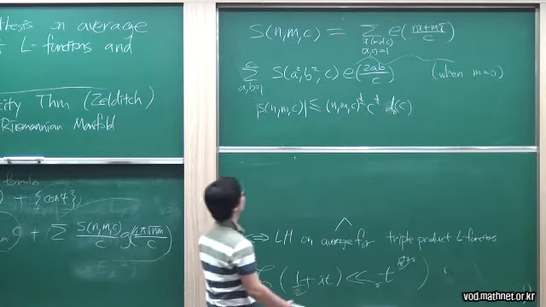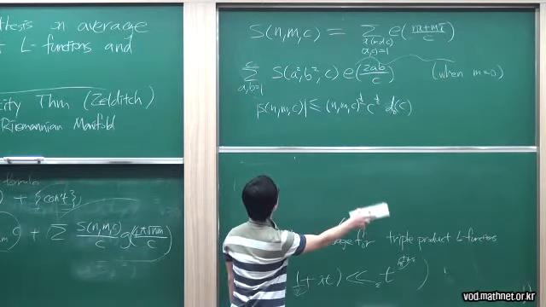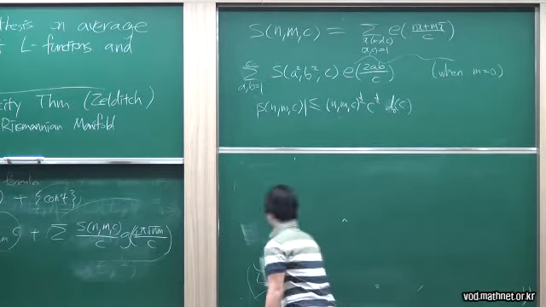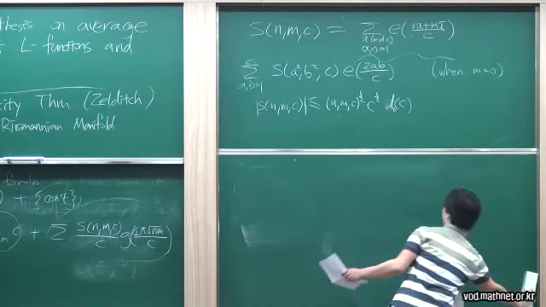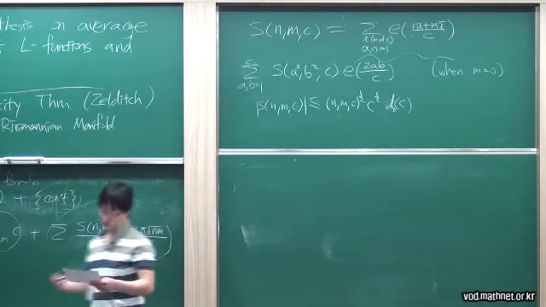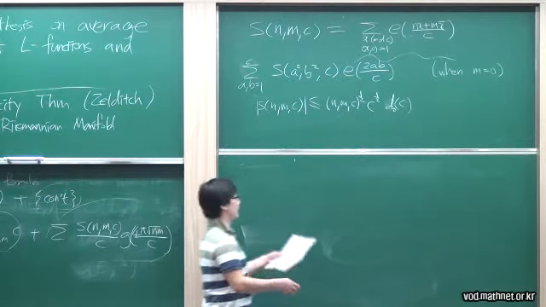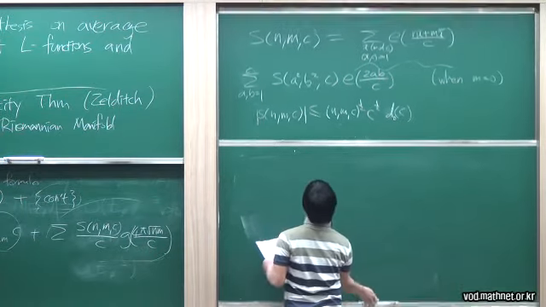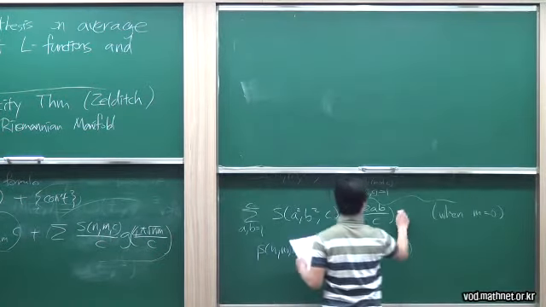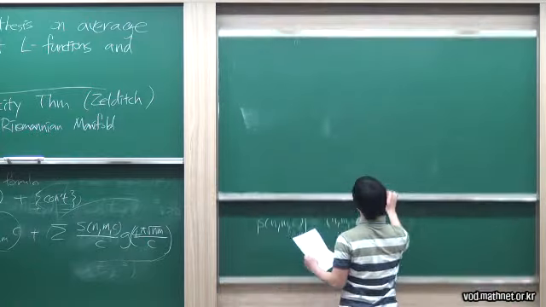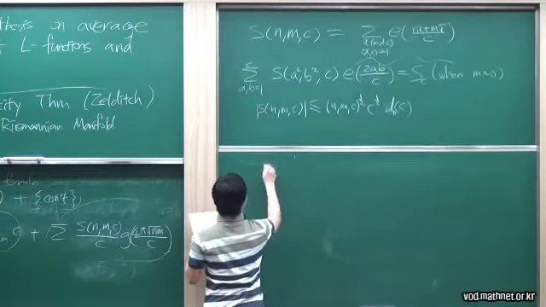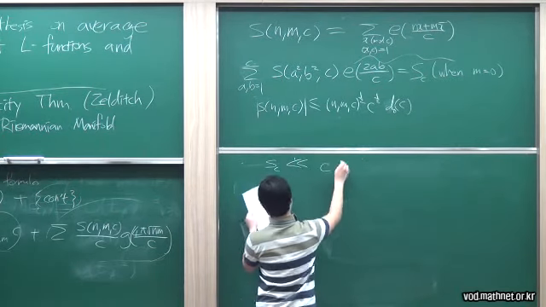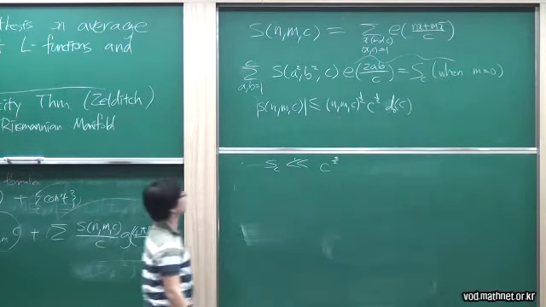And then you can take the sum over B, which is again a Gauss sum. So if you evaluate the Gauss sum twice, then you actually get, if I call this S_C, S_C is essentially less than C to the 3/2.